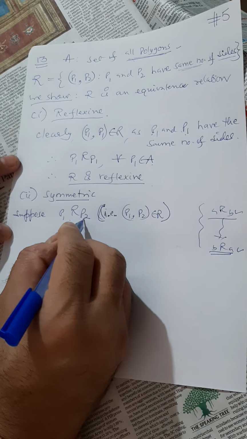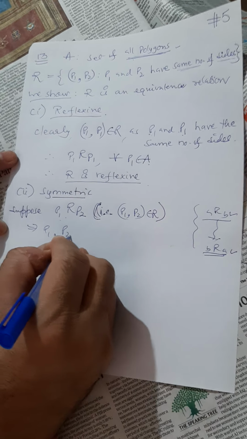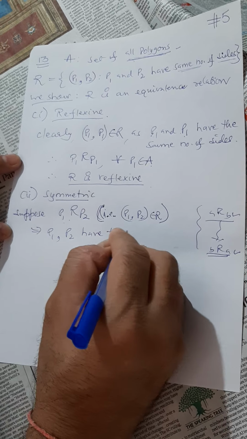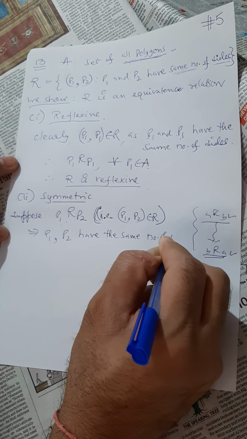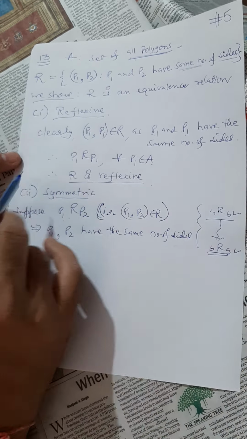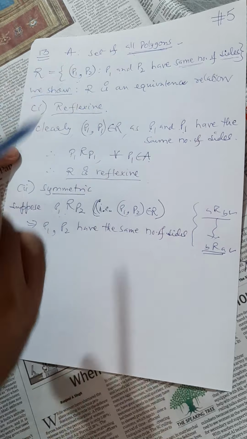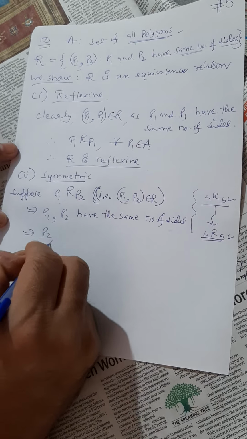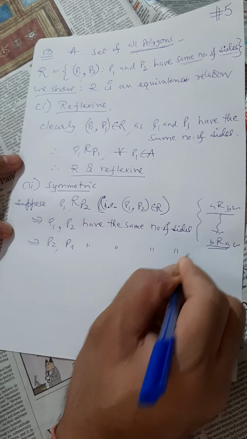Now what's the meaning of P1 related to P2? It implies polygons P1 and P2 have the same number of sides. This is by definition, this is given to us. P1 and P2 have the same number of sides, so you can also write that P2 and P1 have the same number of sides.